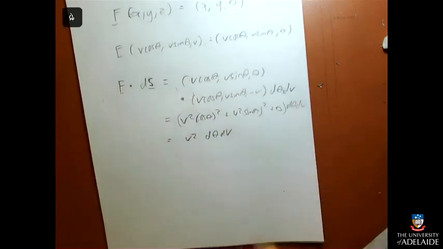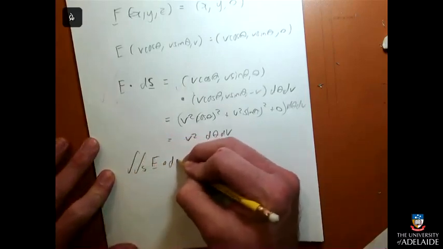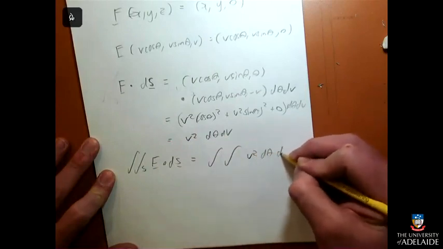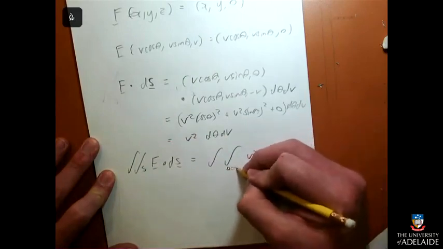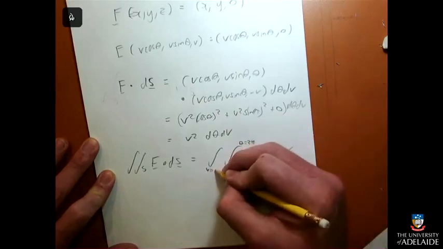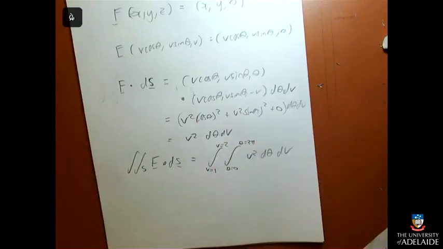And so therefore the integral I want is v squared d theta dv, and the theta goes from 0 to 2 pi, and the v goes from 1 to 2. I think that was right, wasn't it? Yes.